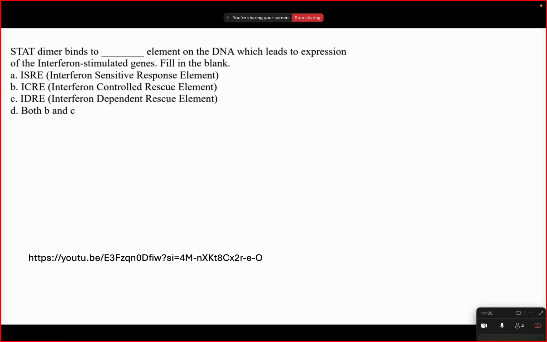It binds to which element of the DNA? Is it ISRE, interferon sensitive response element, interferon controlled rescue elements, interferon dependent rescue elements, or both B or C? You have 30 seconds to answer this, and then we'll look into the results. You can put your answers in the chat box.